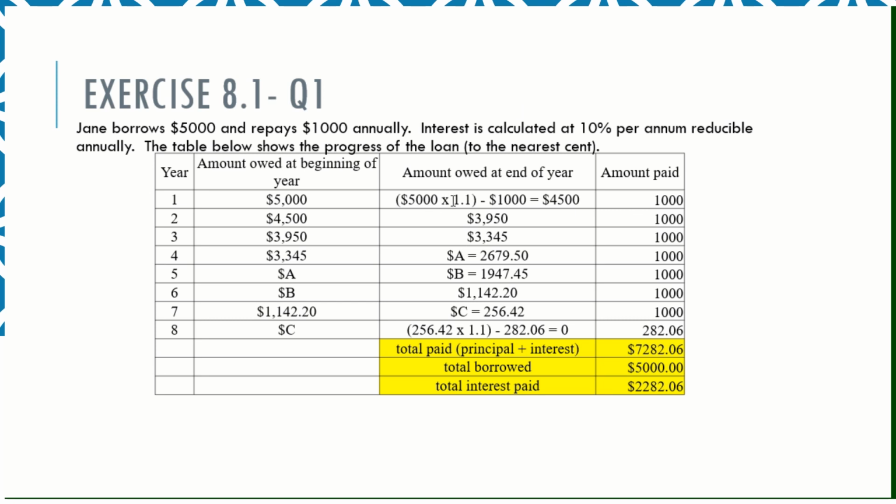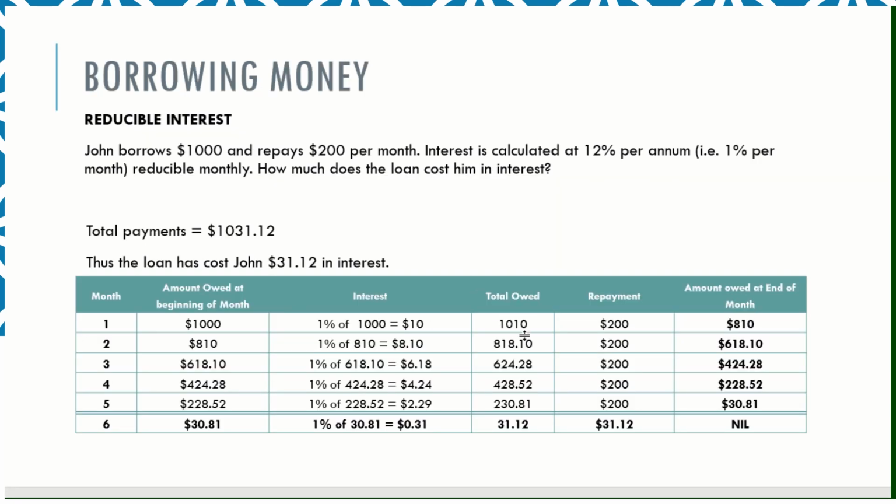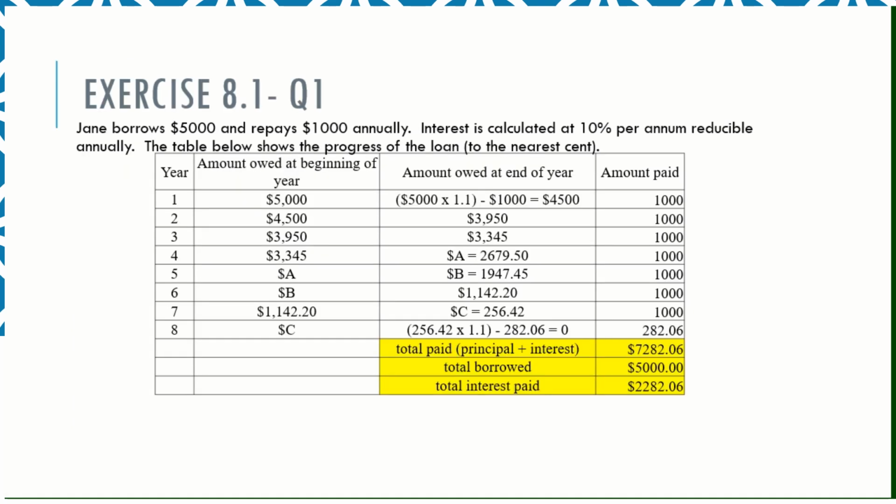So 5,000 times 1.1 minus 1,000 is what I'm doing here. Here I'm skipping a step. I'm just multiplying by 1.1 and minus 1,000. All right, so it's 4,500. That's how much you owe at the end. Then the 4,500 comes down.